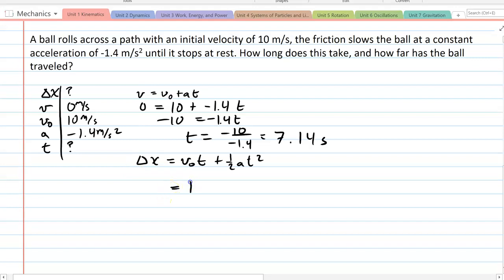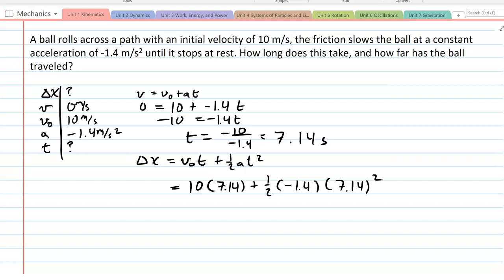We just plug in what we know. 10, and then we know 7.14 plus 1/2. Remember, the sign has to be the same. It has to be that specific sign because it is negative in the negative direction. So 10 times 7.14 plus half times negative 1.4 times 7.14 squared. What do I get?